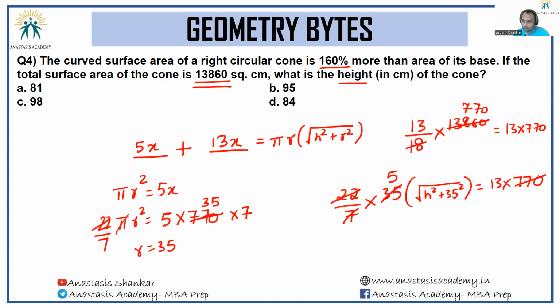This goes with this 35 times. This goes with this 7 times. So I've got 13 into 7. Okay, so h square plus 35 square is equal to 91 square. Okay, I see a beautiful Pythagorean triplet. This is 5, this is 13. So this should be 12, given everything is multiplied by 7. So height should be 84. 12 into 7, height should be 84.